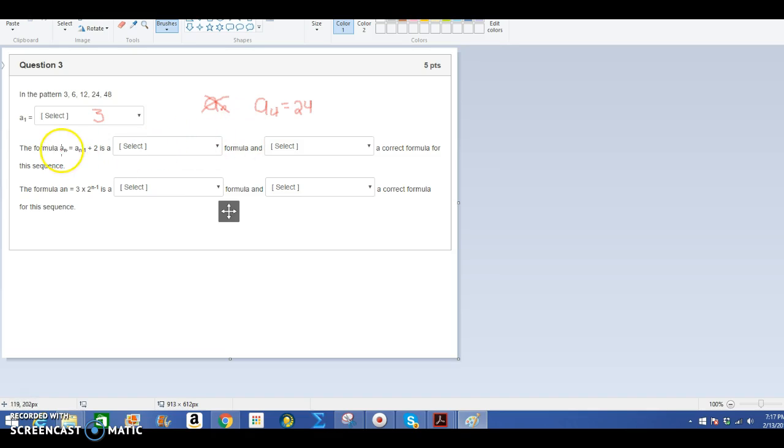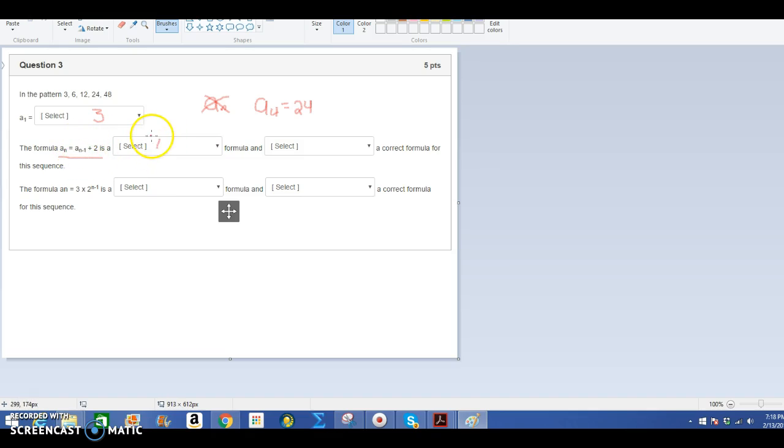All right, so the formula here. Is this a recursive formula or is it an explicit formula? Well, recursion depends on the sequence that you already have built. So you have to know the number that came before to get the number that you want right now. A sub n is the number we want right now. A sub n minus 1 is the number that came before.